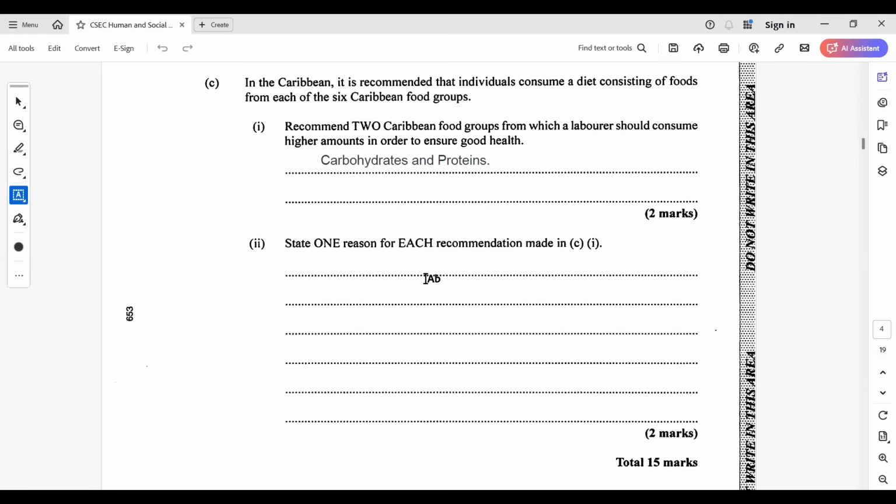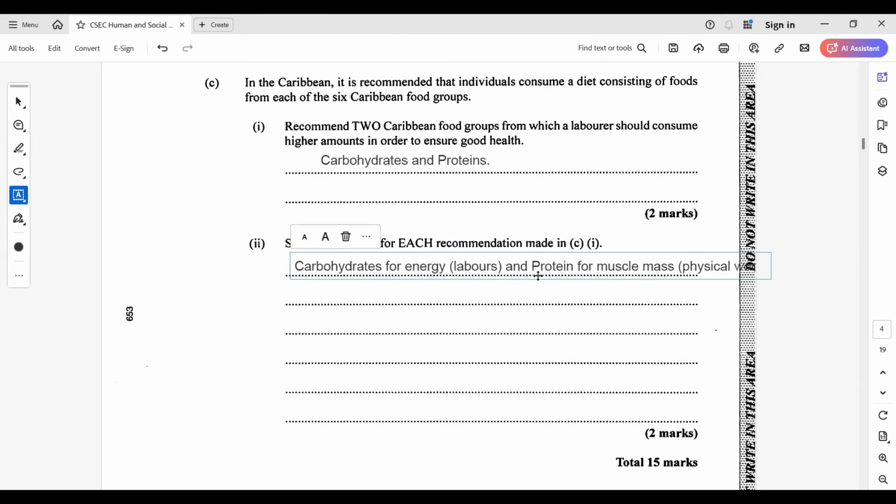State one reason for each recommendation made in C1. All right. So why did you recommend the carbohydrates, whether it was rice, macaroni? Why did you recommend proteins? He needs the carbs for the energy. Yeah, the energy.